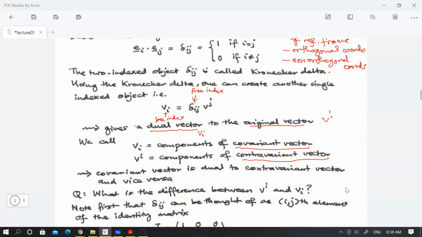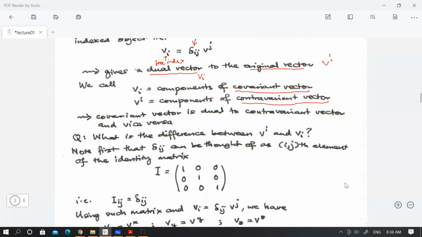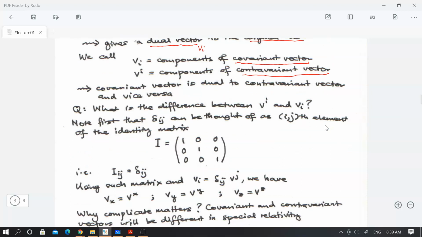In other words, your ket vector is like your contravariant vector. Your bra vector is like your covariant vector. Now in that context, it's quite clear what the difference is. But you might ask, in this particular case, what's the difference between these two? Well, we will see later on that they are just the same.